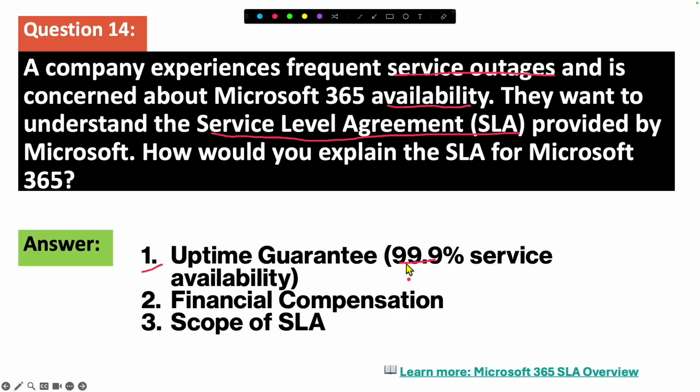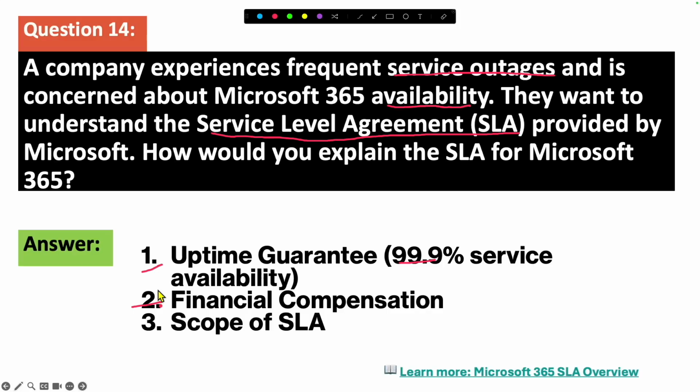At 99.9%, technically it should not go down for more than 8 hours per year. That is the kind of service availability you are expected to get from Microsoft for any M365 services. That's a guaranteed uptime.